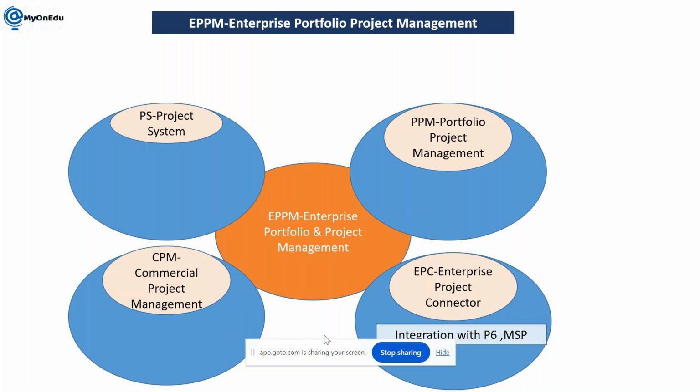Okay, and here this EPC, enterprise project connection, is helping us to integrate your third party systems like Primavera and MSP with SAP. So in this course, we are going to focus on project system. That is the one part. And in SAP, for project system, we have a specific certificate also. Similarly, in PPM, portfolio and project management, we have a separate certification. CPM, we don't have any certification, and EPC, we don't have any certification.